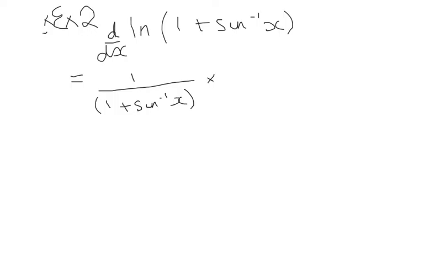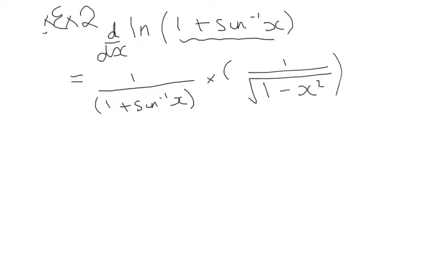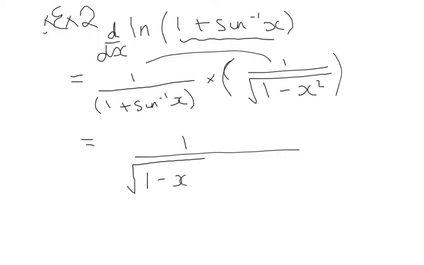Now we multiply by the derivative of our bracket. The derivative of 1 is 0, and the derivative of inverse sine using the formula is 1 over the square root of 1 subtract x squared. So that's our answer. Just need to tidy up. Multiply the numerators, 1 times 1, multiply denominators, and write it in a sensible order. The square root of 1 subtract x squared can go first, then 1 plus inverse sine x. It doesn't really matter which order they go in the denominator.